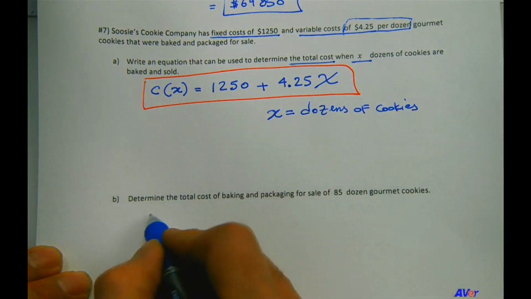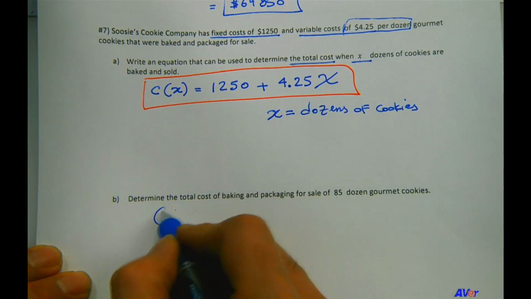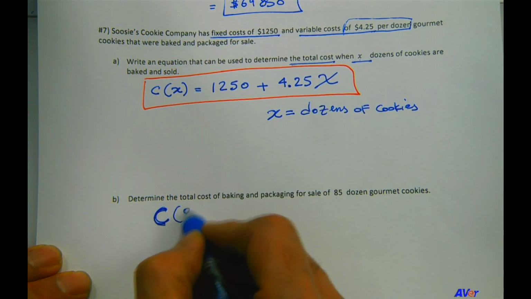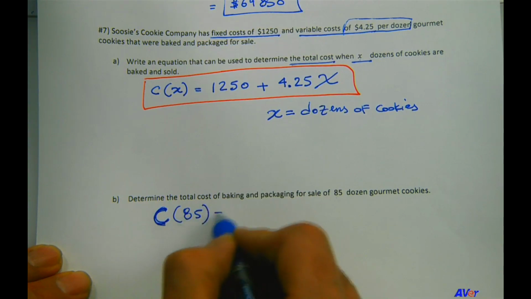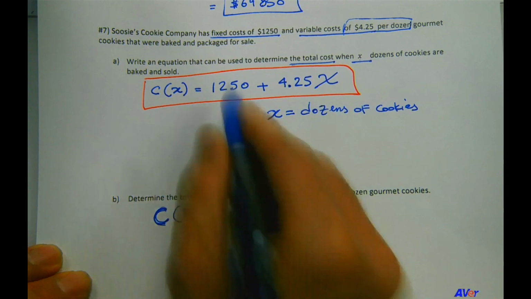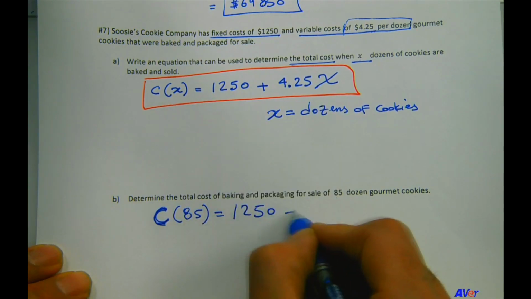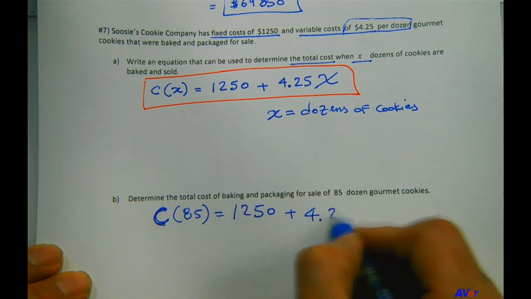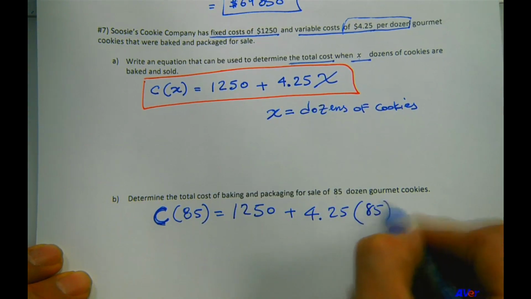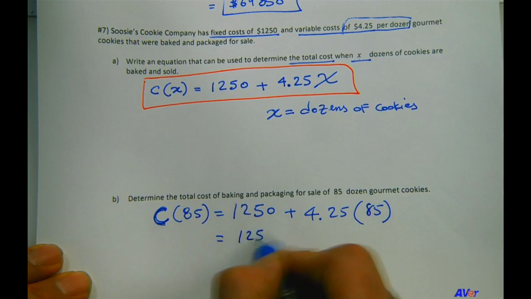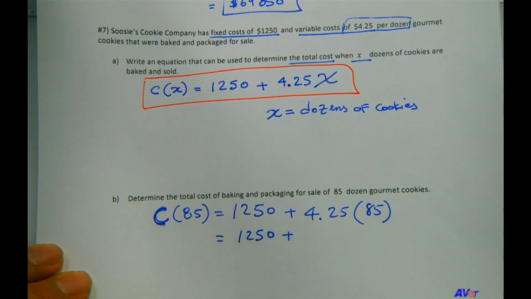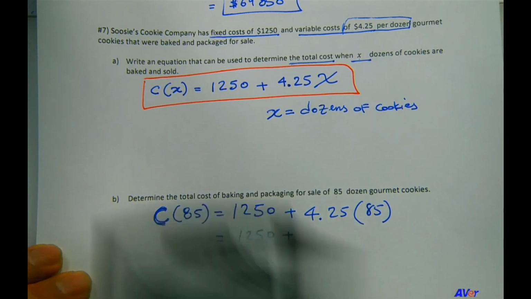So now the total cost of 85 dozen cookies is equal to, we're plugging in that equation, 1,250 plus 4.25 times 85. Let's bring back the calculator.